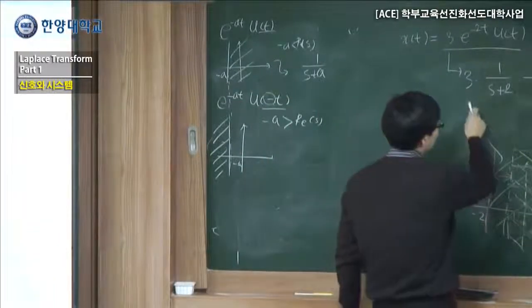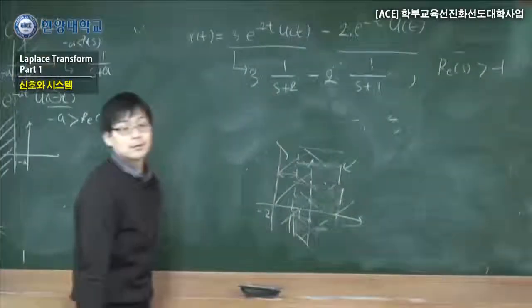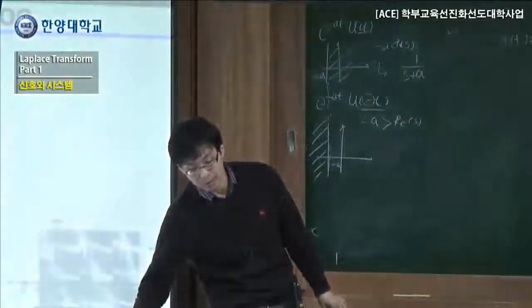What you have to write here is, this is your Laplace transform, comma, this is the region of convergence. Of course, as you can see in the slide, you may combine them together like this.